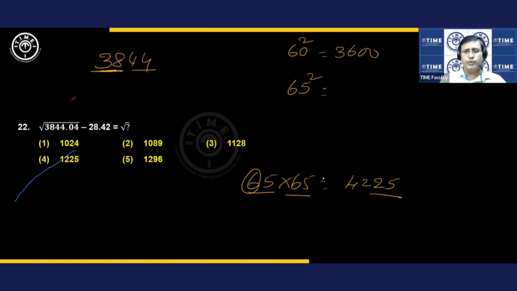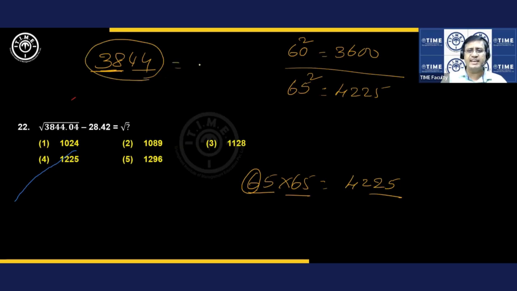Here 3844 lies in between 60 square and 65 square. Now is it close to 60 square or 65 square? It is in between these values. Here we can guess the nearest value as 62 square.